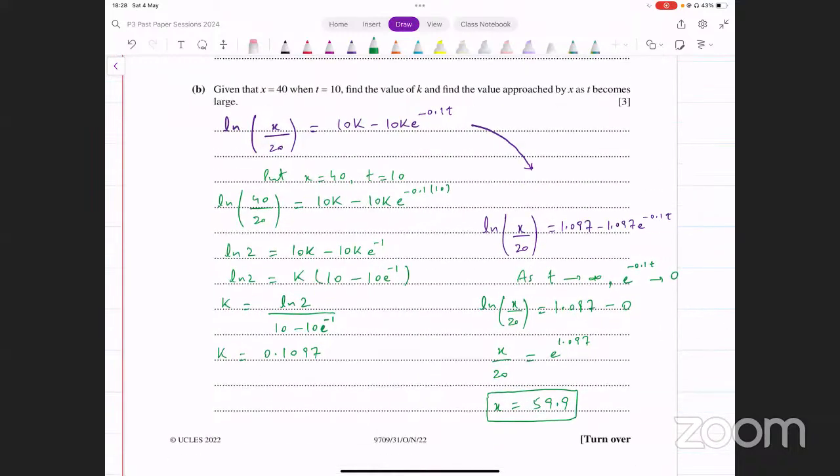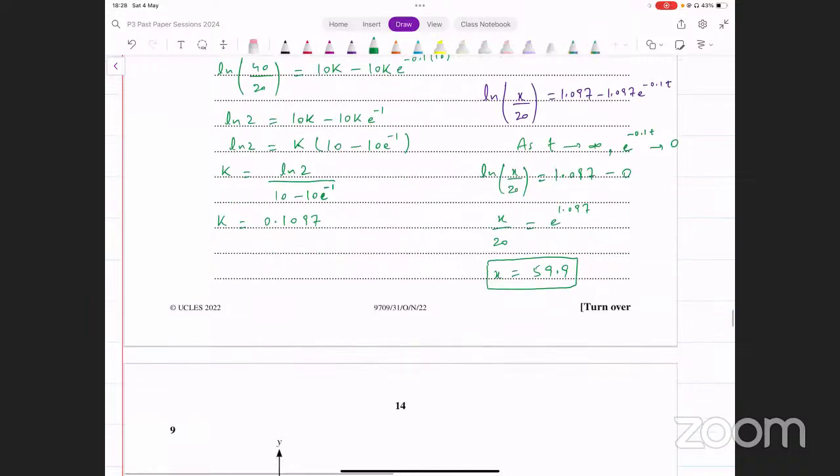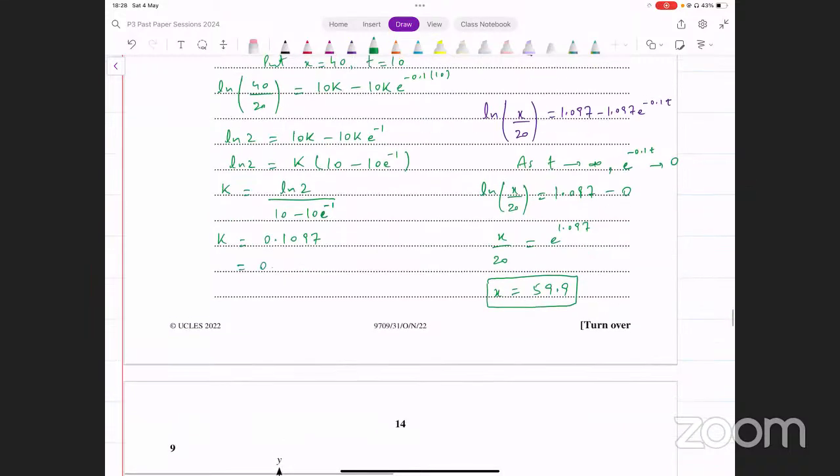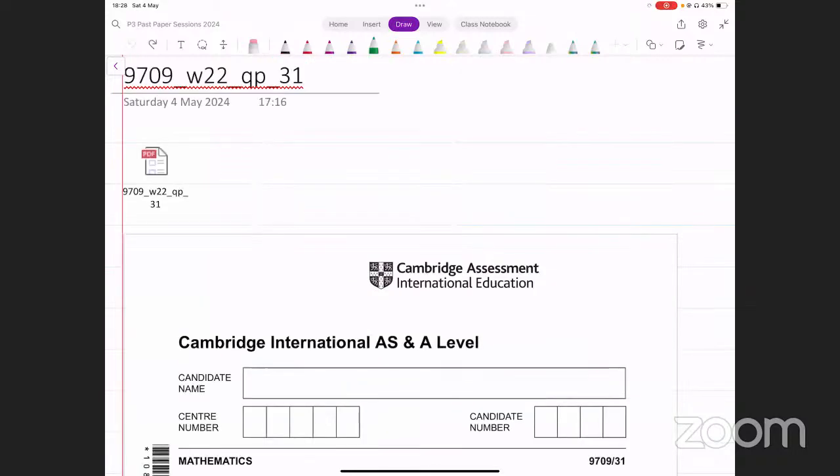Is that okay? Sir, for the value of k, do we give 4 decimal places? Minimum 3 significant figures. That's the general rule for the whole paper. It's better to write 3. So if you want, you can write it as 0.110, but you don't get deduction for that.